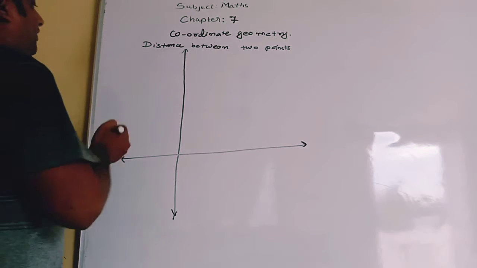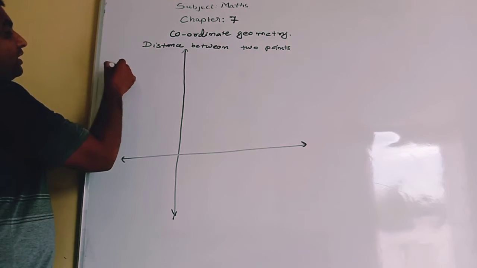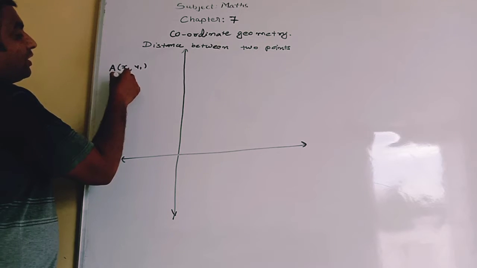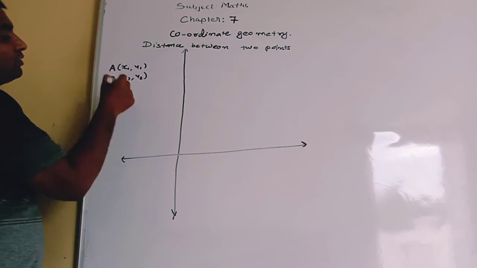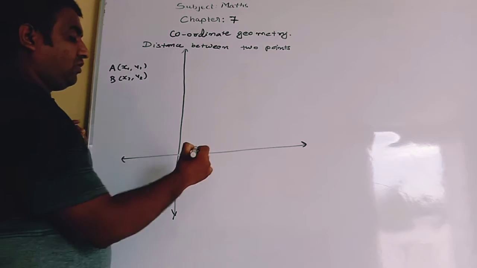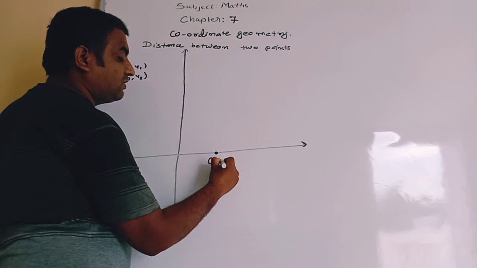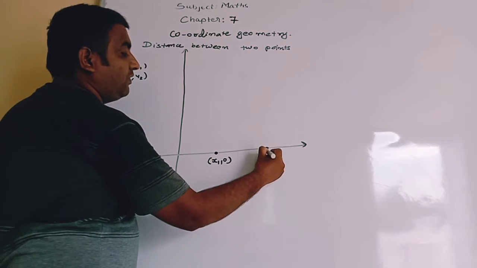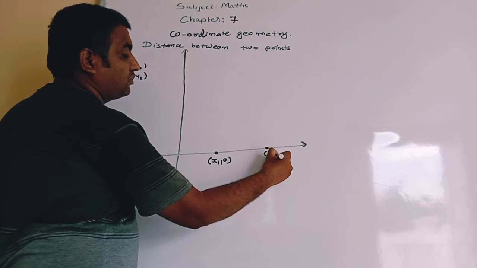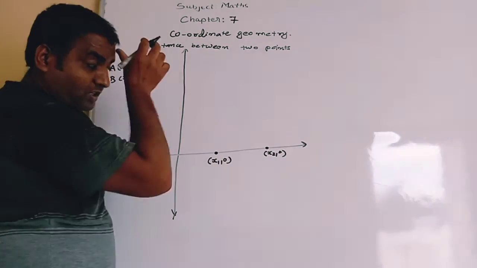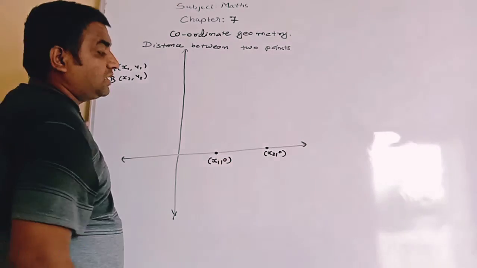So let's say we are given 2 points A (x1, y1) and B (x2, y2). Now if these 2 points are on the x-axis, suppose here one point we take (x1, 0) and here we take (x2, 0). Then in 9th standard we have studied that the distance between the points on the x-axis is the positive difference.